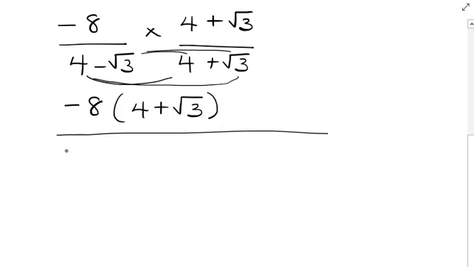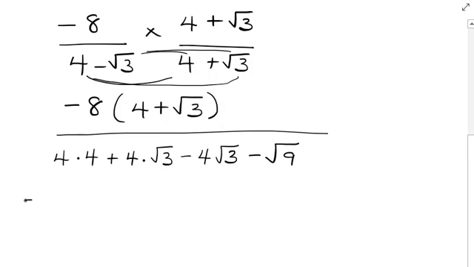So 4 multiplied by 4, then 4 multiplied by root 3, plus 4 multiplied by root 3, then minus root 3 multiplied by 4. We always want the whole number to come before the radical number. So that's why when I say root 3 multiplied by 4, I will say minus 4 root 3. I won't say minus root 3, 4. So then minus root 3 multiplied by plus root 3 will be minus root 9.